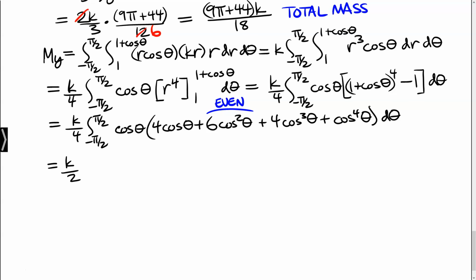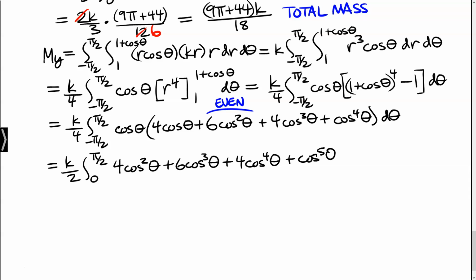So we got k over 2, the integral from 0 to pi over 2 of 4 cosine squared plus 6 cosine cubed plus 4 cosine to the 4th plus cosine to the 5th. This is what I was saying about there being all these ridiculous powers of cosine, which is possible to do, but I'm not going to do. So let's go back to the integral calculator and figure out what it says this is.